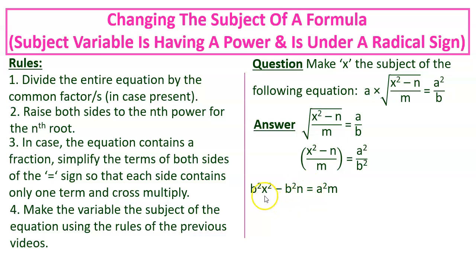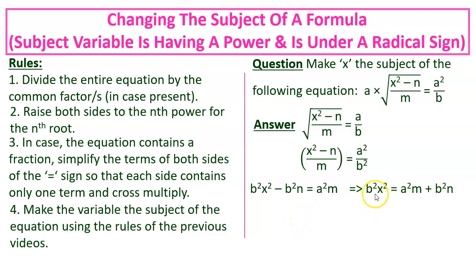So in this case we have only a single term containing x on the left hand side, so we keep it as it is, and there is one more term on the left hand side which is not containing x, so we will be taking this term to the right hand side by adding b squared n to both the sides. Okay, so we get b squared x squared equal to a squared m plus b squared n.